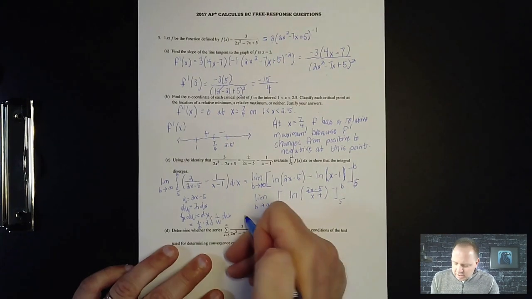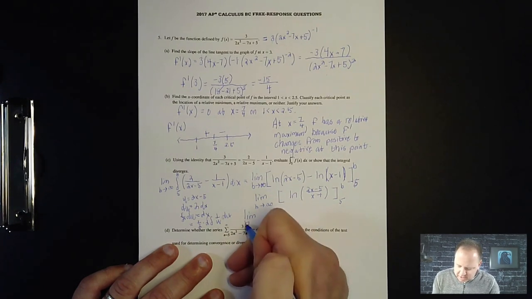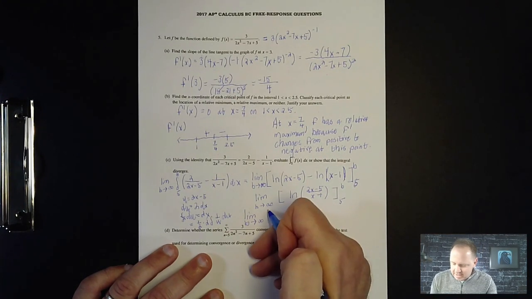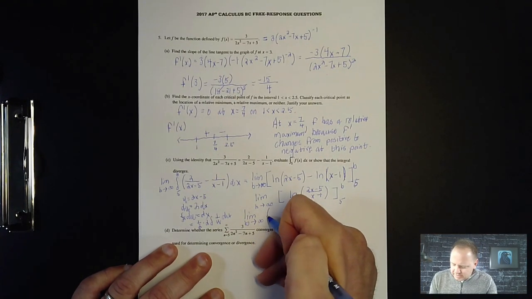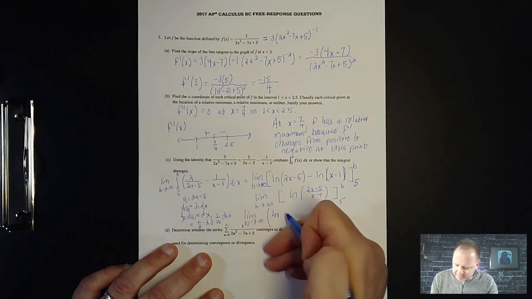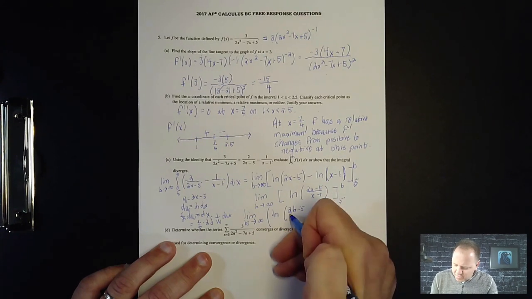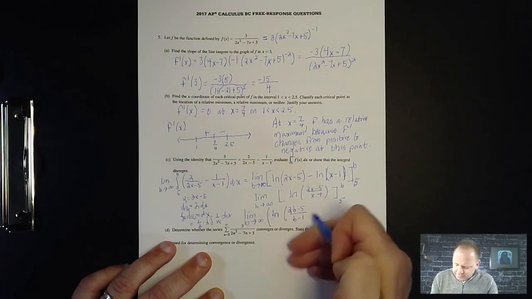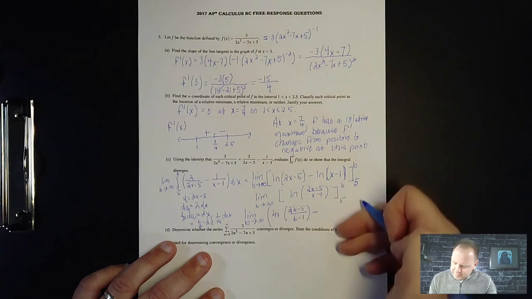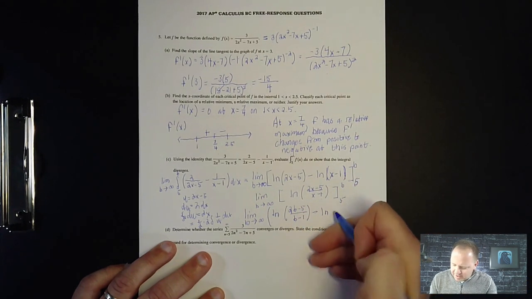We're not ready to drop our limit until we take the limit as b approaches infinity. Now remember, I have not plugged into this yet. So this becomes the natural log of 2b minus 5 all over b minus 1, minus, now when I plug in 5, I get 5 over 4, so the natural log of 5/4.